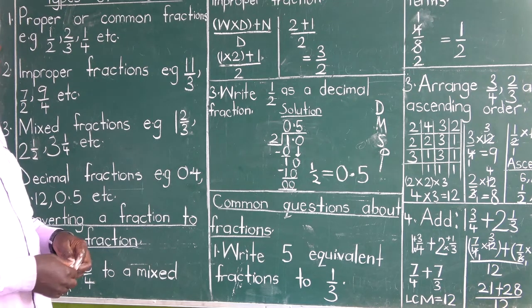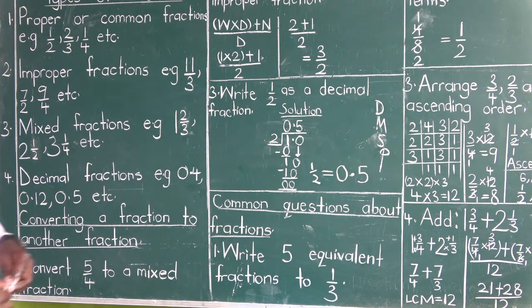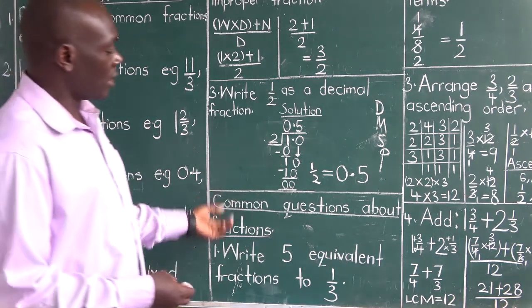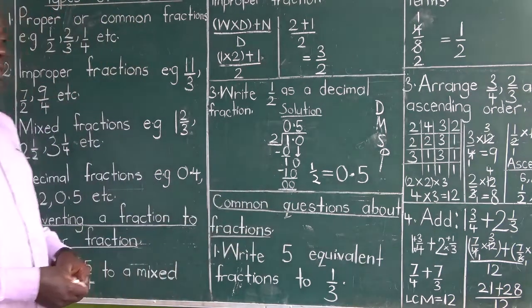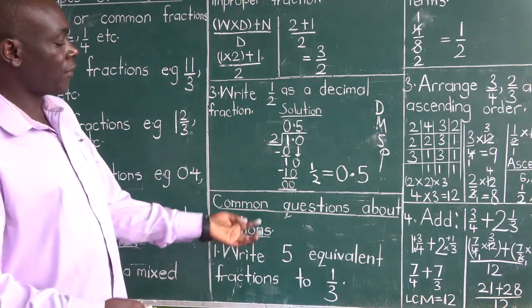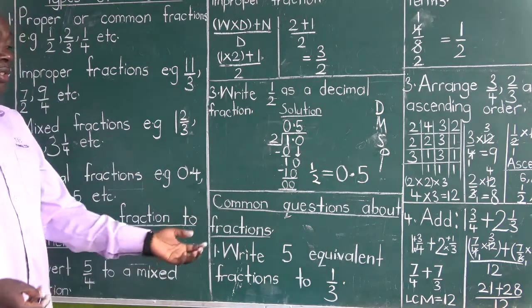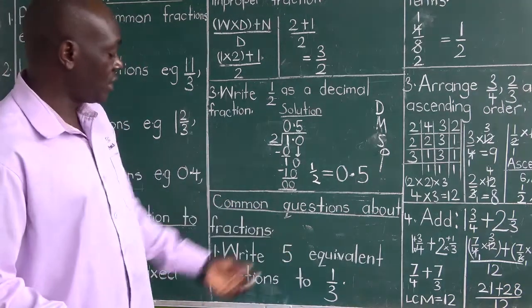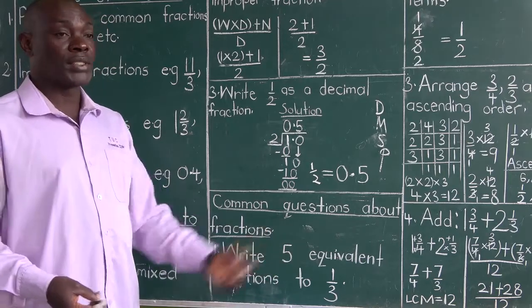Then we look at the common questions about fractions, having learned how to convert different fractions to others. Number one says, write 5 equivalent fractions to a third.